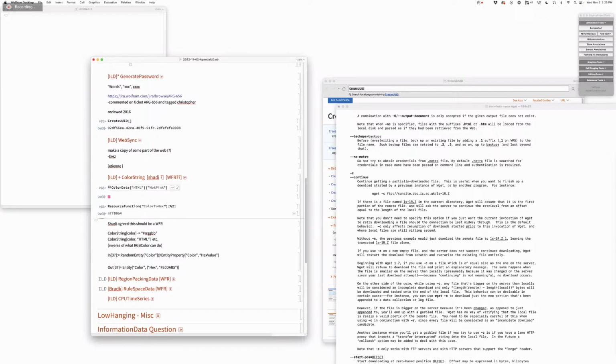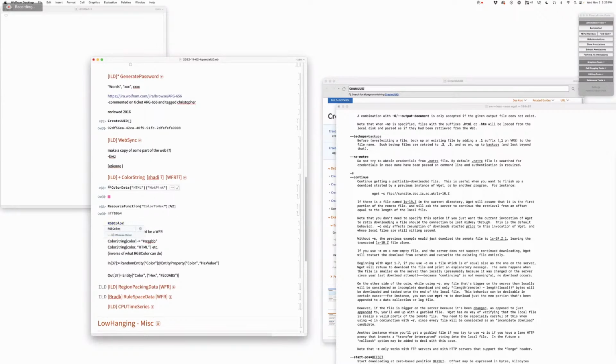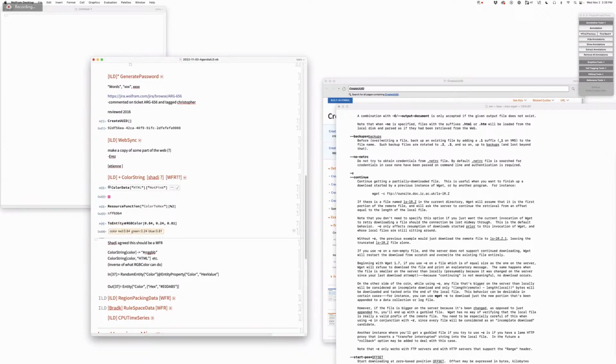Okay, so if I say, let me get the color chooser up. Okay, so, nope, not very useful. Yeah. I thought we had a function that said what the name of the nearest color was.